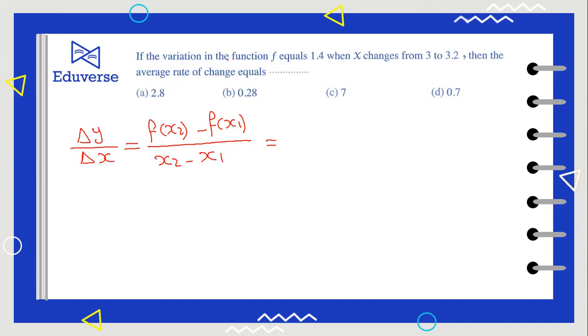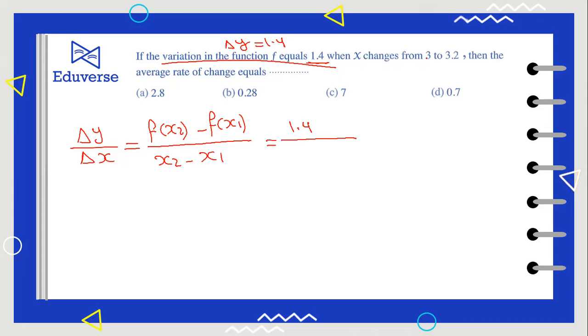He said that the variation value is 1.4. So this variation means delta y equals 1.4. It will be 1.4 over x2 minus x1.